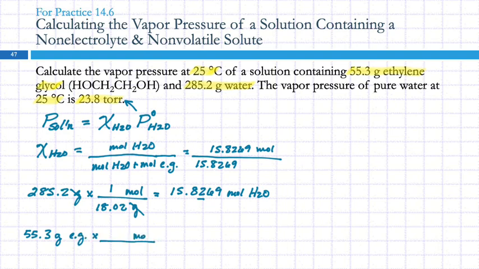Again, I want to multiply by moles and divide by grams. And then I have to calculate the molar mass here. So there's 6 hydrogens in there, times 1.008.